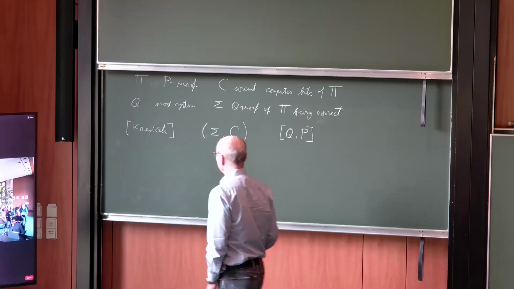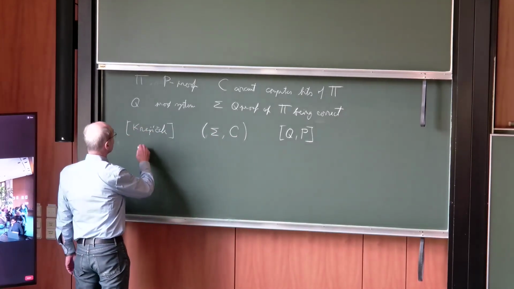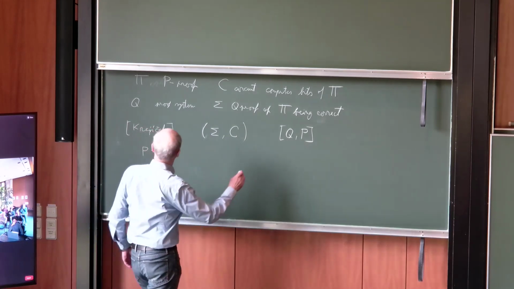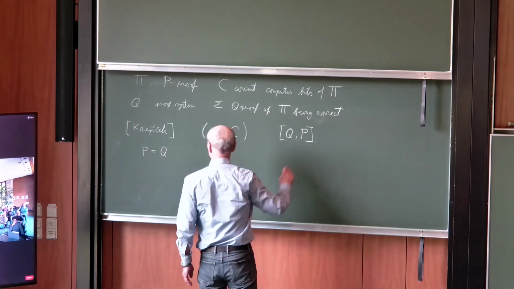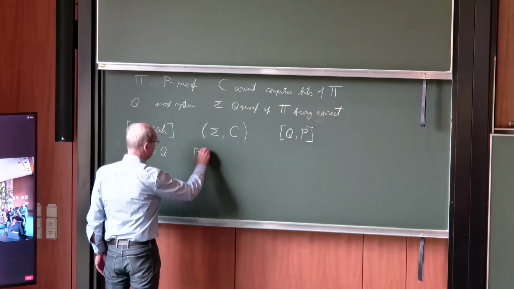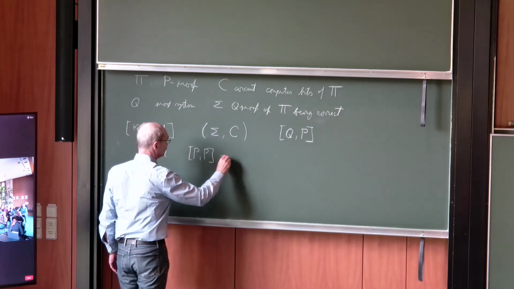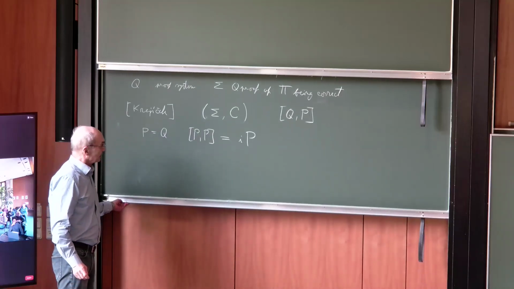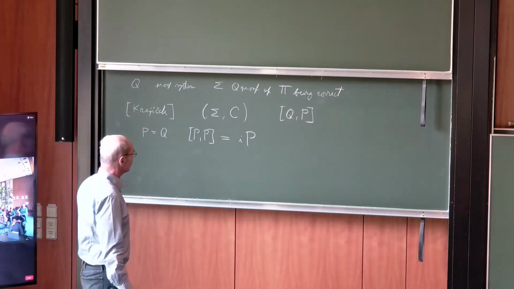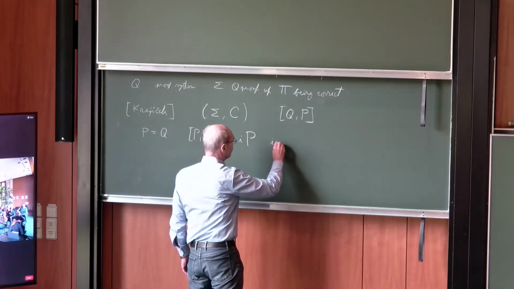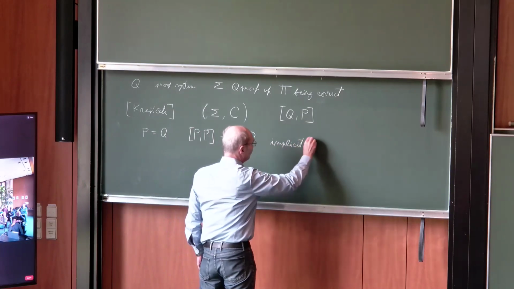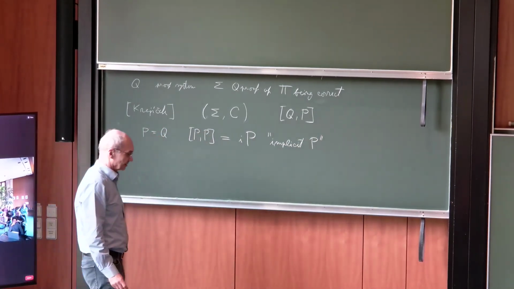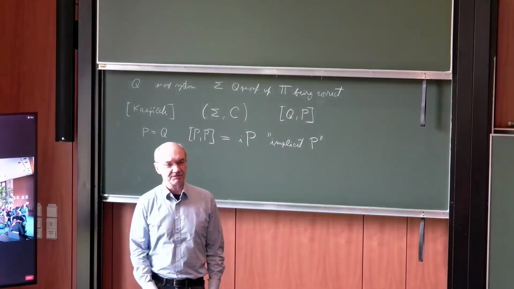But in any case, what we can do is take P and get the proof system he denotes by IP, the implicit proof system of P. Now, the good news is that at least in some cases, this implicit proof system is stronger than P, or we have very good reasons to believe that it is strong.